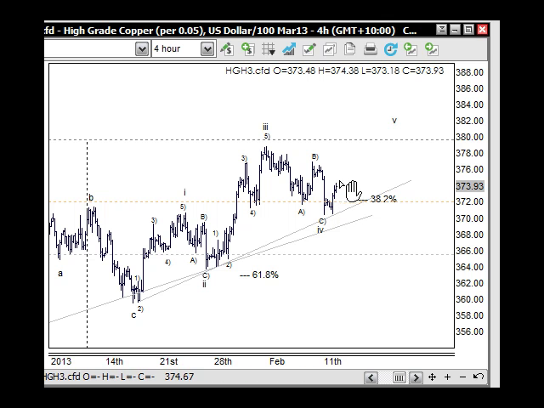So we need to see an impulse wave up here. We need to see 3 waves back, and that will give us the confirmation that we will be moving higher through there. So it's not quite confirmed yet, because this could still be down for wave 1 here, ABC back for wave 2, and then this could be wave 1 in 5 waves coming down, and ABC coming back for 2, and then down further.